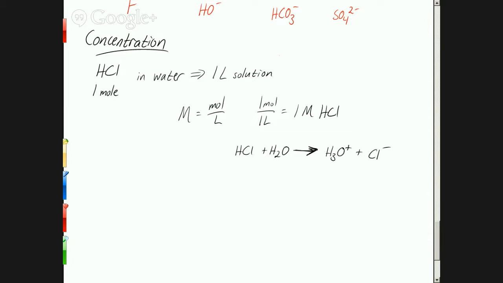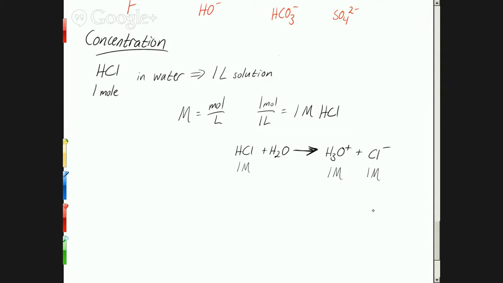So that means that in acidic solution, if we have 1 molar HCl, then we have 1 molar hydronium and 1 molar chloride. So by using moles in our concentration, we can determine the actual hydrogen ion concentration in solution. So keep that in mind for a second.